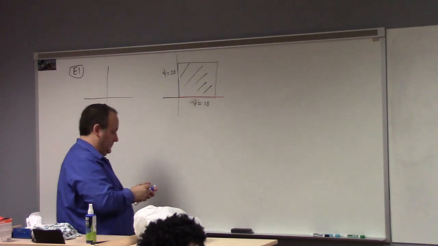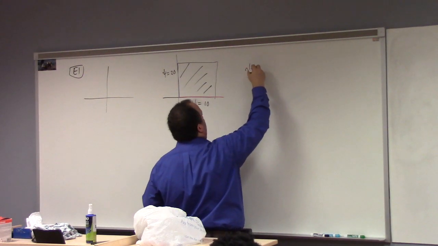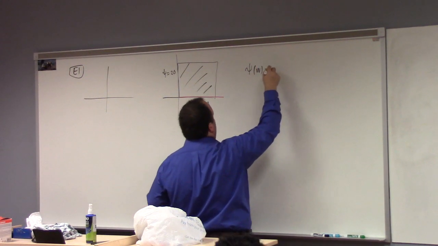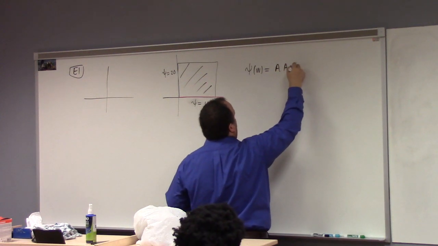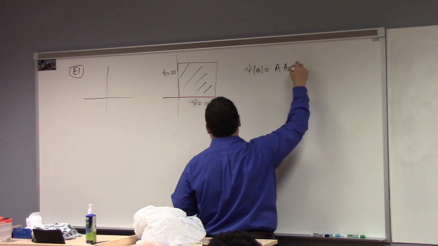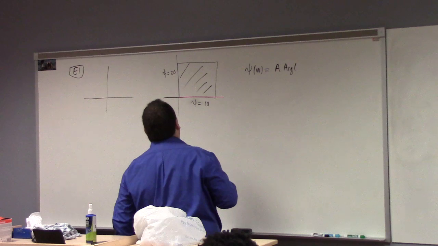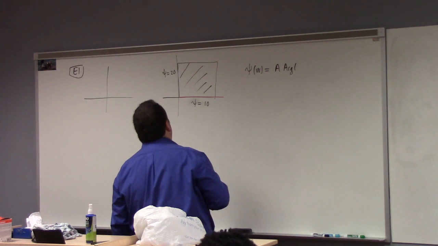What should we do? We can just use psi of w equal to arg of... all right, my bad.